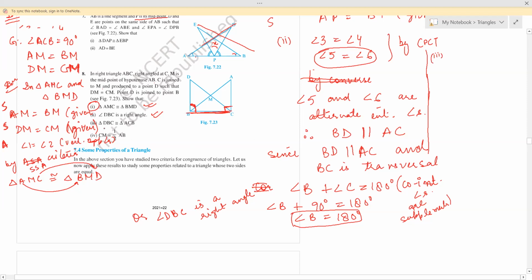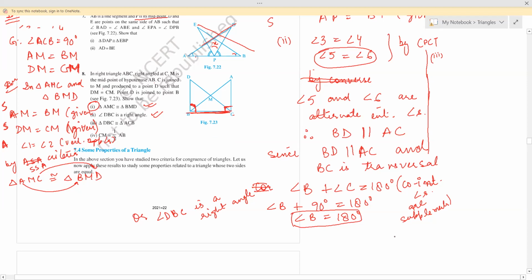You have to show that triangle DBC is congruent to triangle ACB. This time you have to show that this complete angle DBC and ABC are congruent to each other.